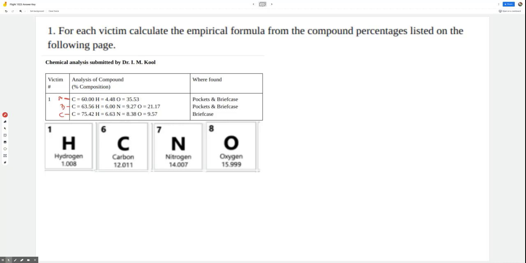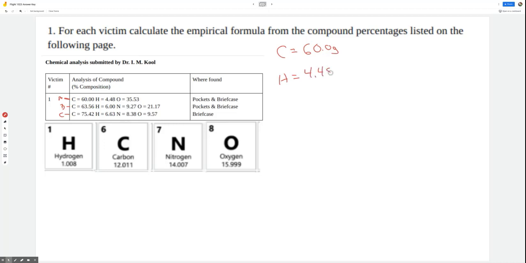And we're going to put all this into a data table, which we have at the end. But first I want to do all the empirical formulas first. So the first compound is 60% carbon. Remember, step one is we're just going to change that 60% to 60 grams. It is 4.48% hydrogen.